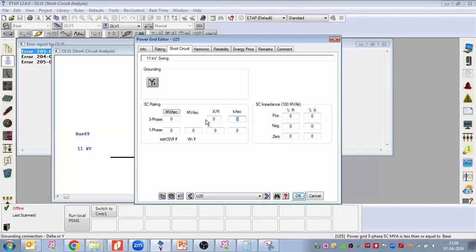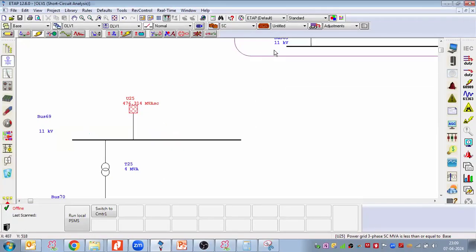This is 11 kV, so I'm providing here 25 kiloampere. The X value, suppose I'm putting 10. And click on OK.